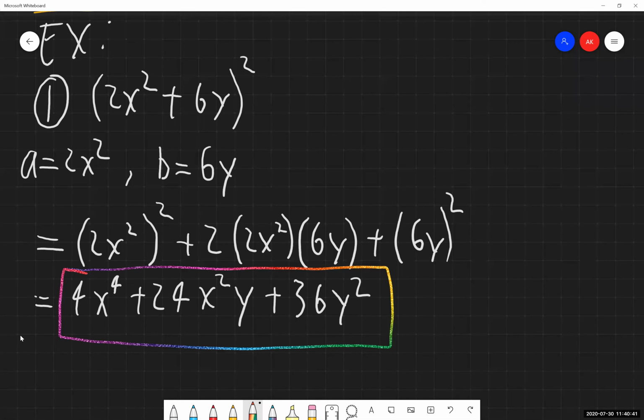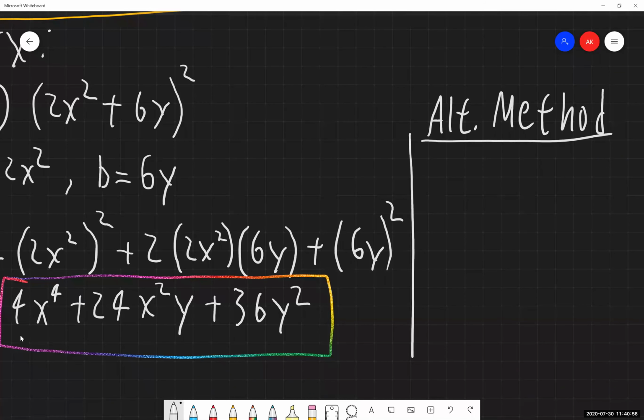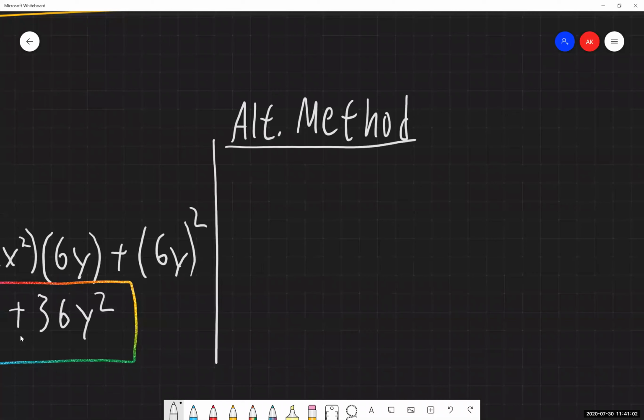Now, if you wanted to, and I just want to list this option for you, if you don't want to use the special property that we just went through, which is perfectly fine, we're going to rewrite the problem we started with. You then have the option of expanding and simplifying this binomial.